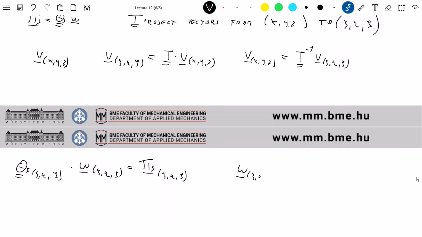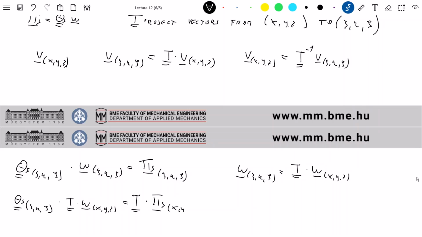of ψ, η, ζ is equal to T times ω in the x, y, z coordinate frame. Okay, so we'll have that Θs in ψ, η, ζ times T times ω in the x, y, z is equal to T times Πs in the x, y, z.